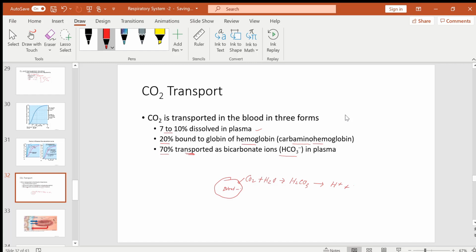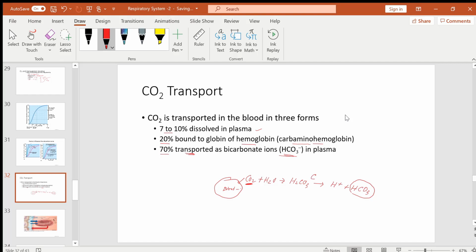This reaction is helped by an enzyme called carbonic anhydrase, or CA.